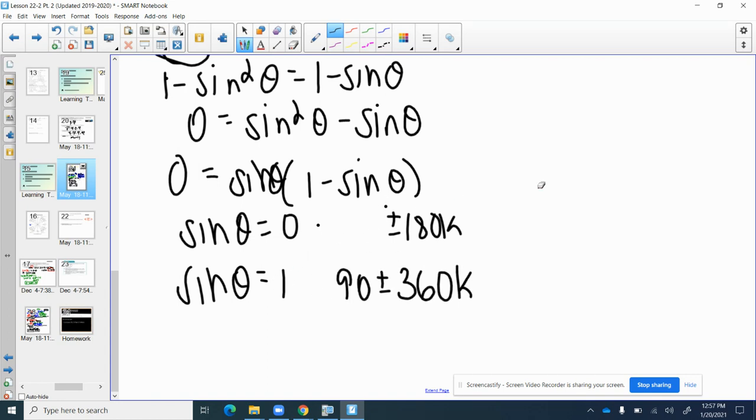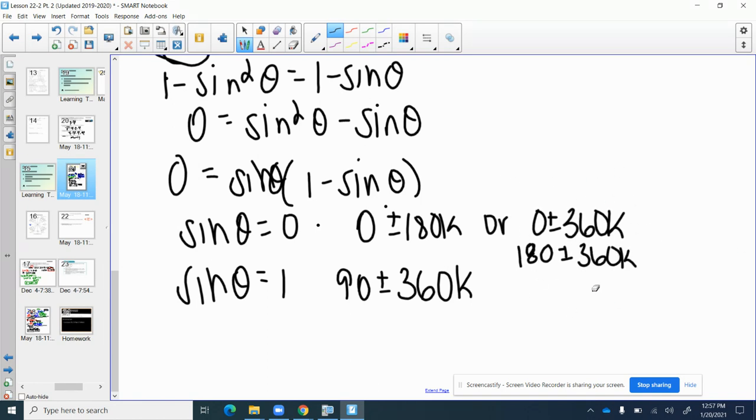Here, sine is 0 at either 0 or 180. So just saying 0 plus or minus 180k works as well. Or you could write this one as 0 plus or minus 360k and 180 plus or minus 360k if you would rather look for both solutions and just write plus or minus 360.